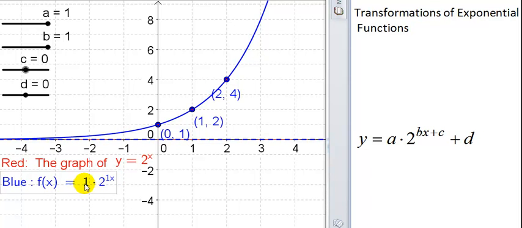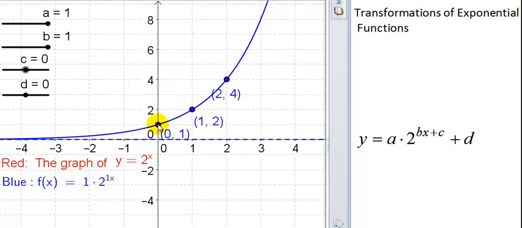So let's go over here to look at my basic graph. Right now in blue I have graphed 1 times 2 to the 1x. So this is just 2 to the x. And that is my blue graph here, and underneath it is a red graph that will be my parent graph that will never move. Remember, it's y equals 2 to the x.